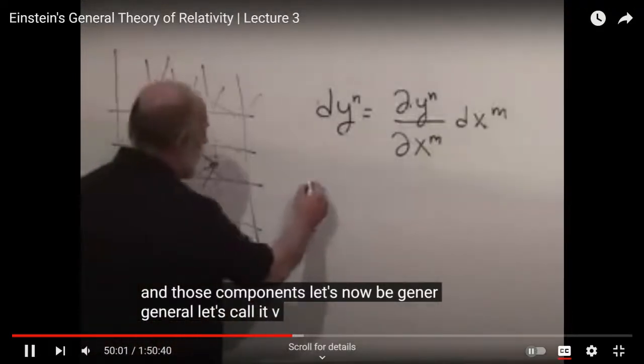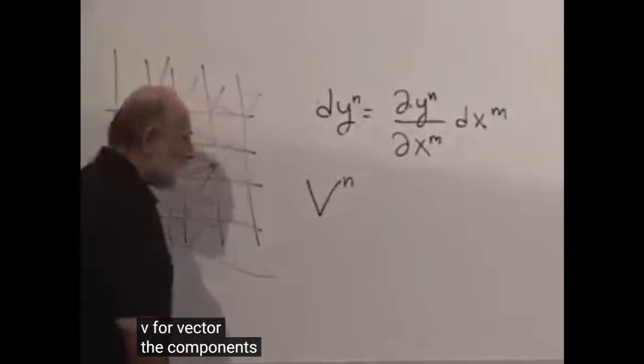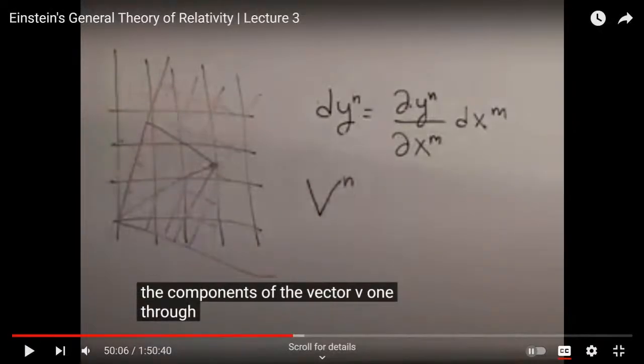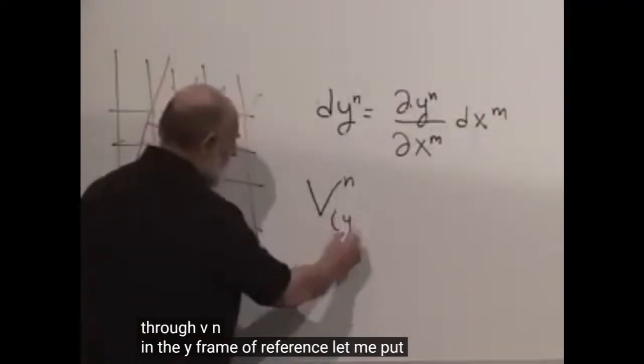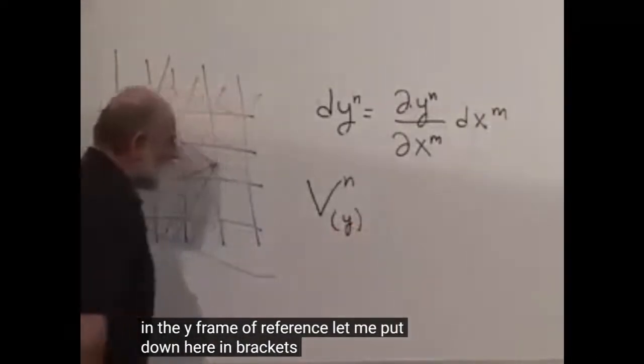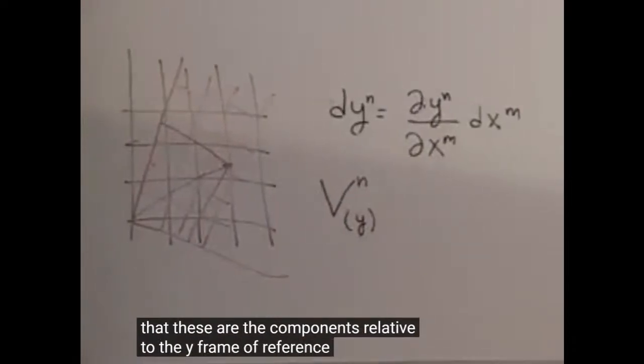In general, let's call it V for vector. The components of the vector, V1 through Vn in the y frame of reference, are, in this case, dy. Let me put down here in brackets that these are the components relative to the y frame of reference.